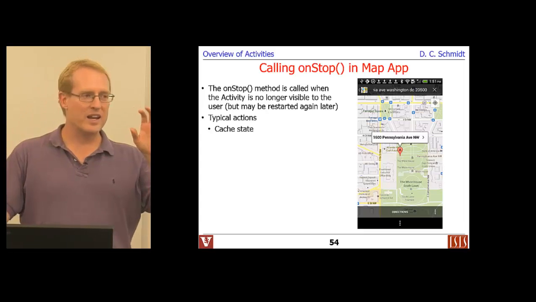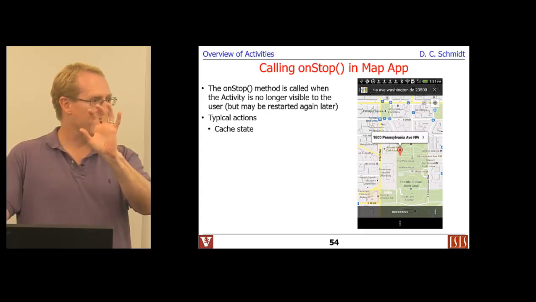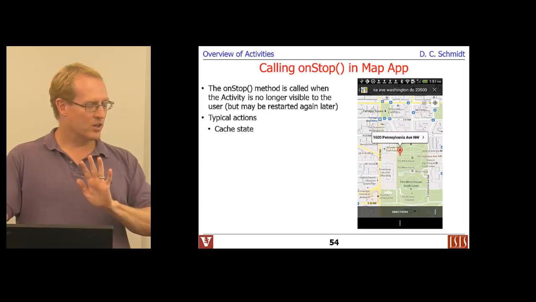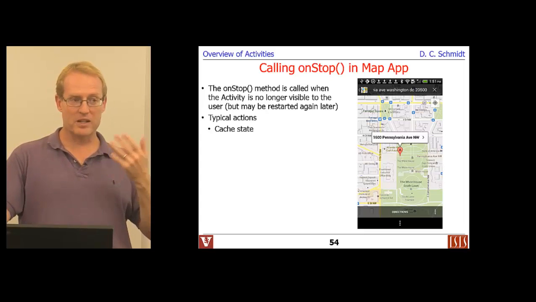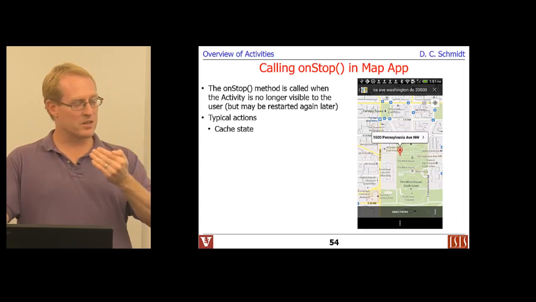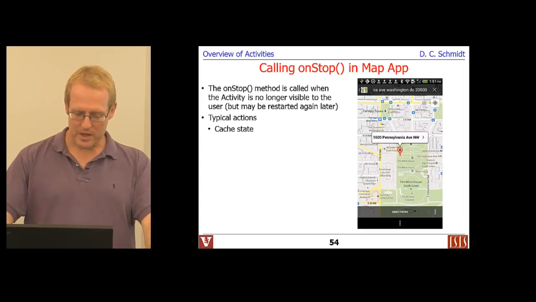So you want anything else the user had been doing at that point to remain exactly the same way, so when it comes back, then you have the state redrawn the way it was before. And as you might expect, OnStop is typically paired up with OnStart, and pause is typically paired up with resume.